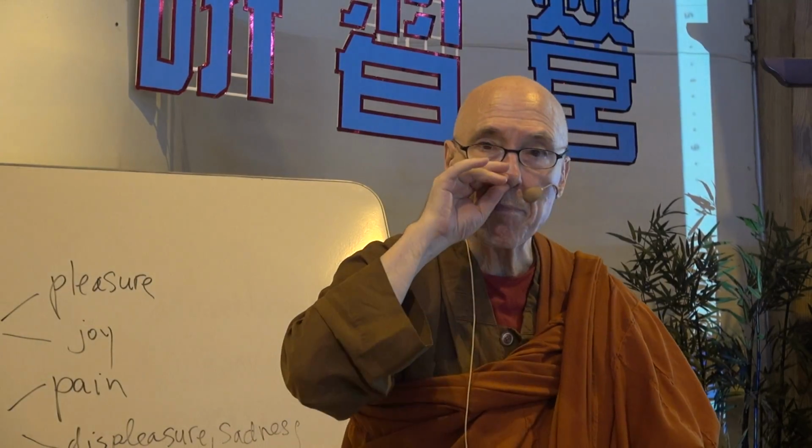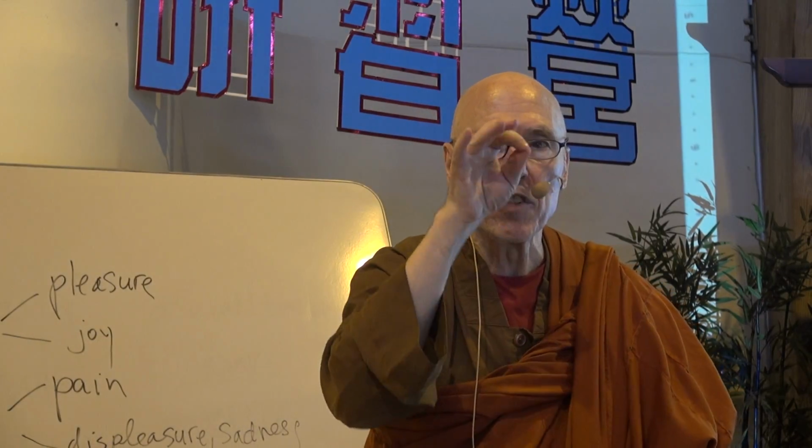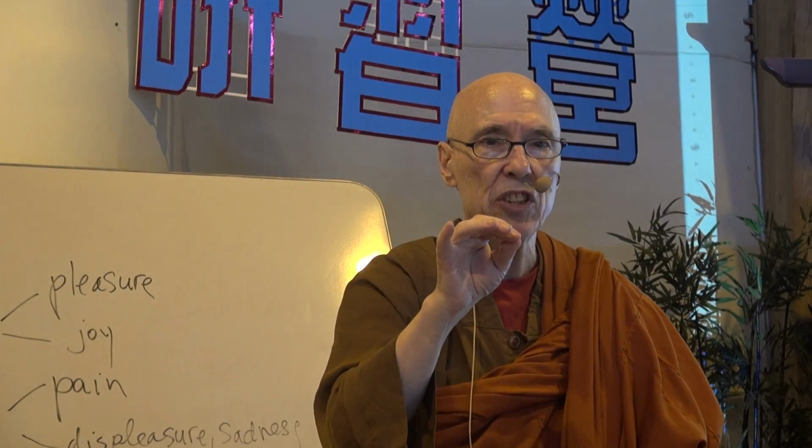And now from the next stage, from the fruit of stream entry, up to the path of arahatship, one now has the direct knowledge of the Dhamma, but one is still developing this knowledge.